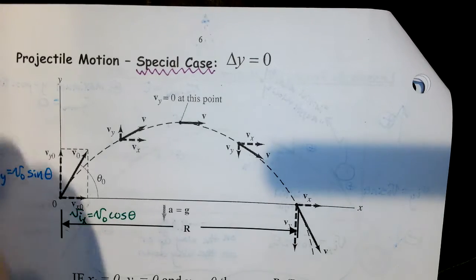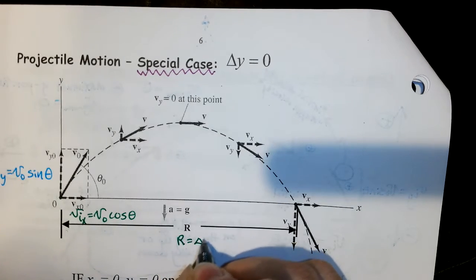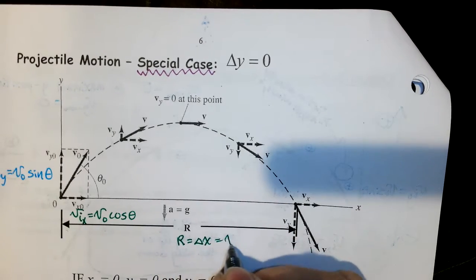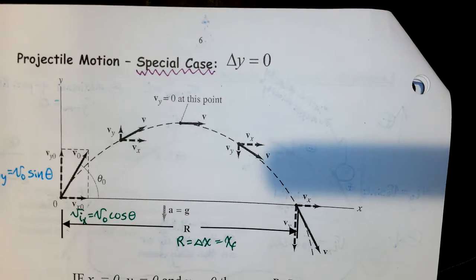And this R is simply delta X, which is just the X final if we were to keep the initial position X0.